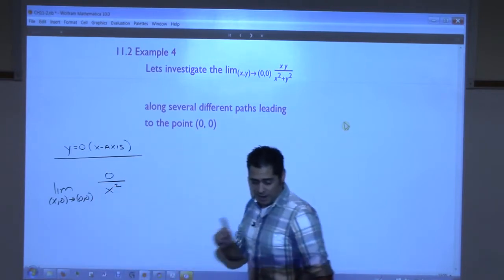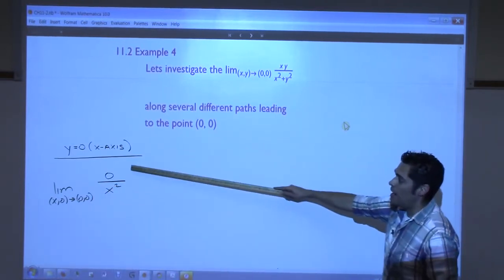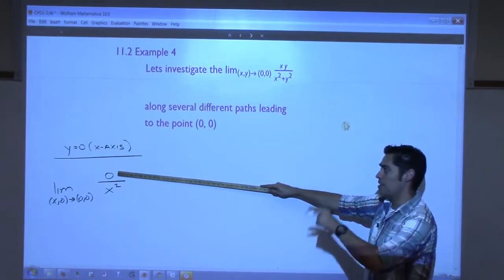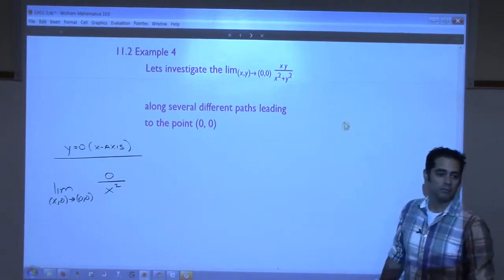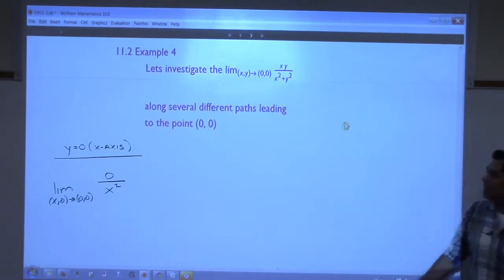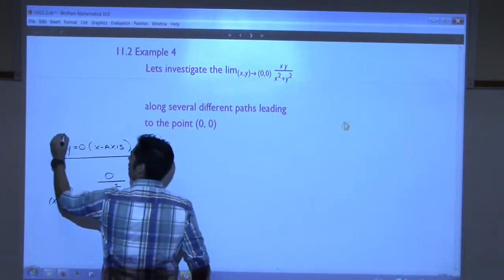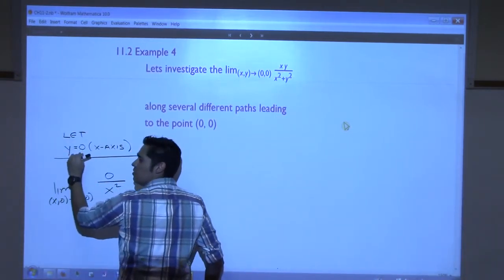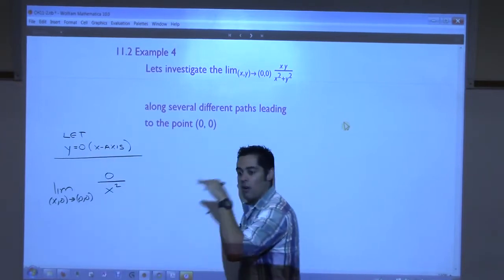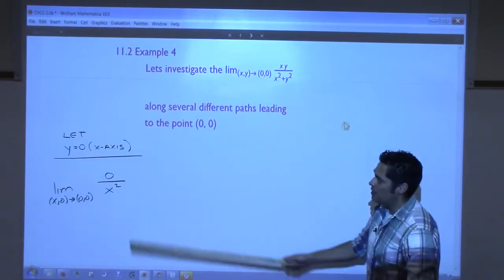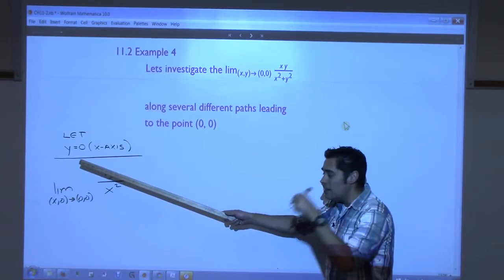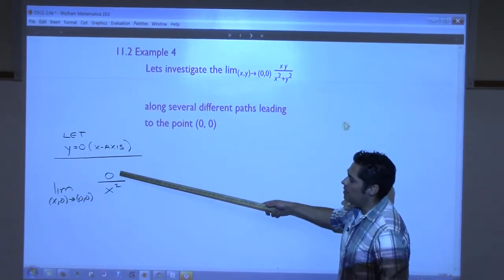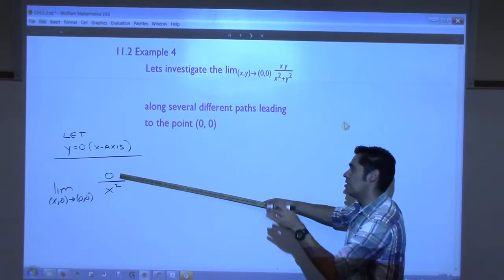Now, are we saying here that this top is approaching 0, or that the top is 0? It is 0, because I am sitting here saying, let y be 0 so that I'm on the x-axis. Not near it, on it. If I'm on the x-axis, y is exactly 0, and then the top is not approaching, it actually is 0.